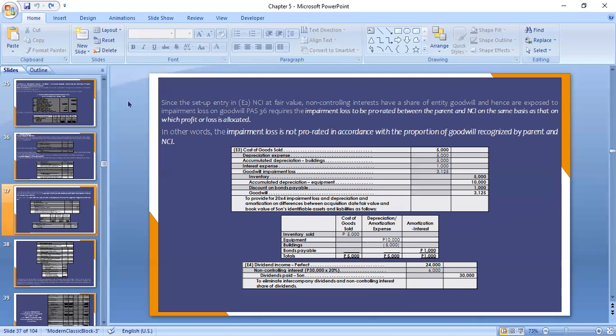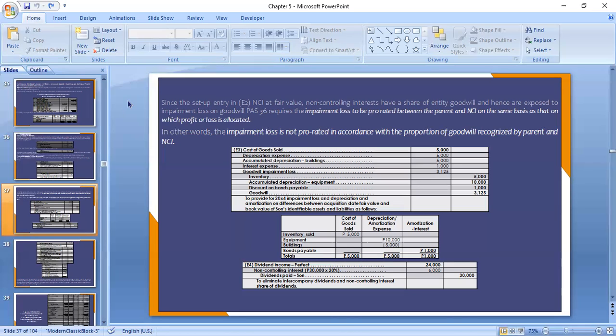So we have now your adjusting entry for debiting cost of goods sold, and then depreciation or amortization expenses. One is added, the other one is deducted, depending as to whether it's an under or over valuation. Then we have the bonds payable, annual amortization of discount.